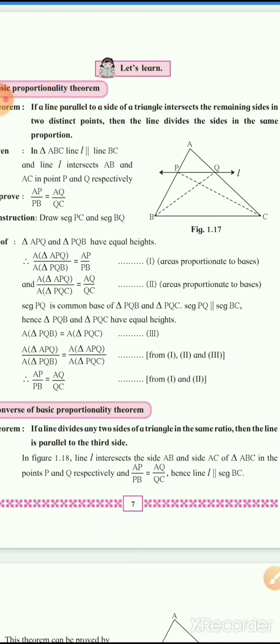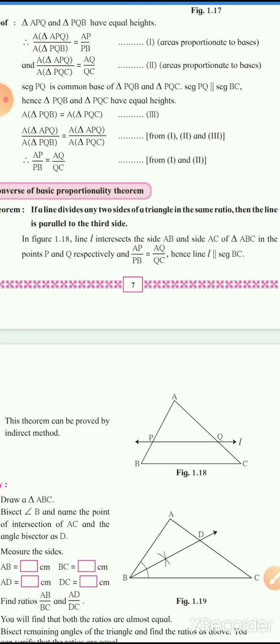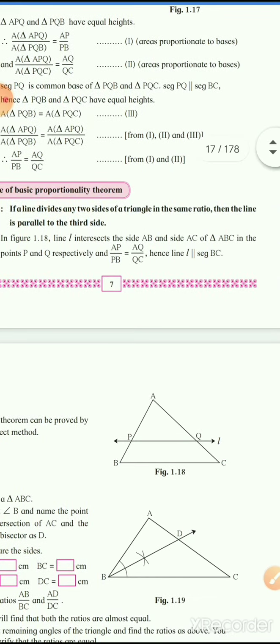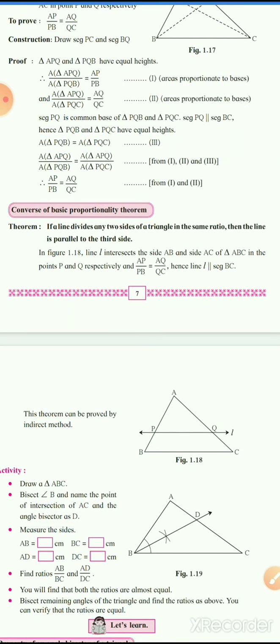Means here you can see in this figure on textbook page number 8, in triangle ABC, line L intersects the side AB and side AC in the points P and Q respectively, and in the same ratio means AP upon PB is equal to AQ upon QC.